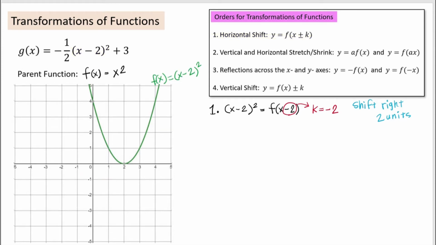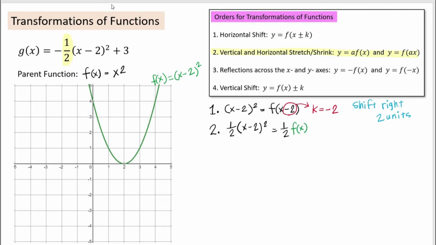The second step is the vertical and horizontal stretch and shrink. The function g has 1 over 2 in front of (x minus 2) squared, which is the function we considered in step 1. 1 over 2 times (x minus 2) squared is equal to 1 over 2 times f of x.